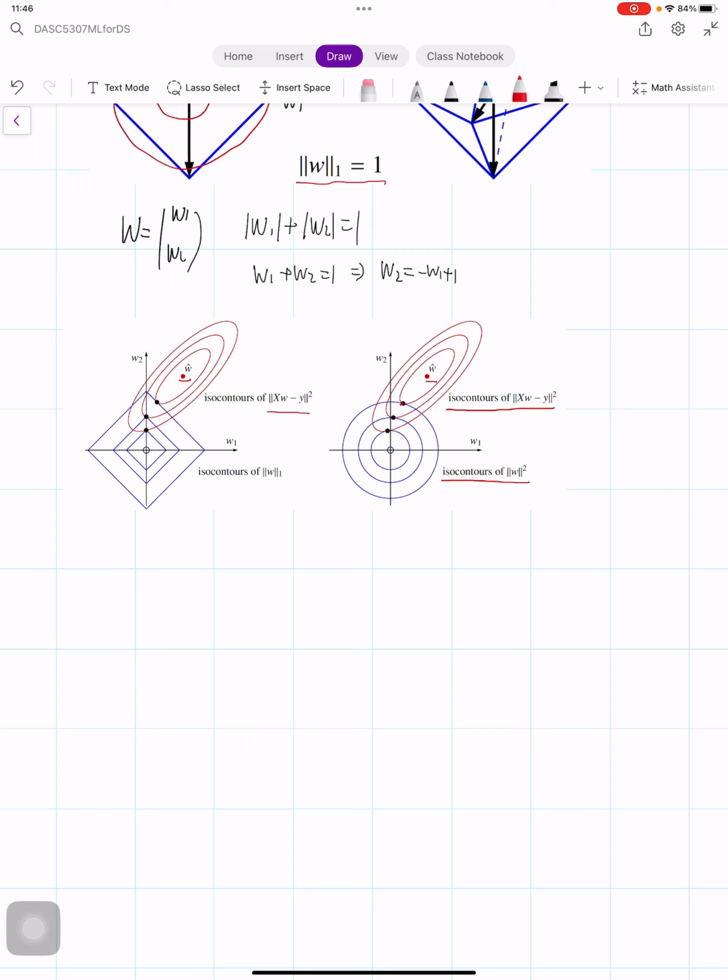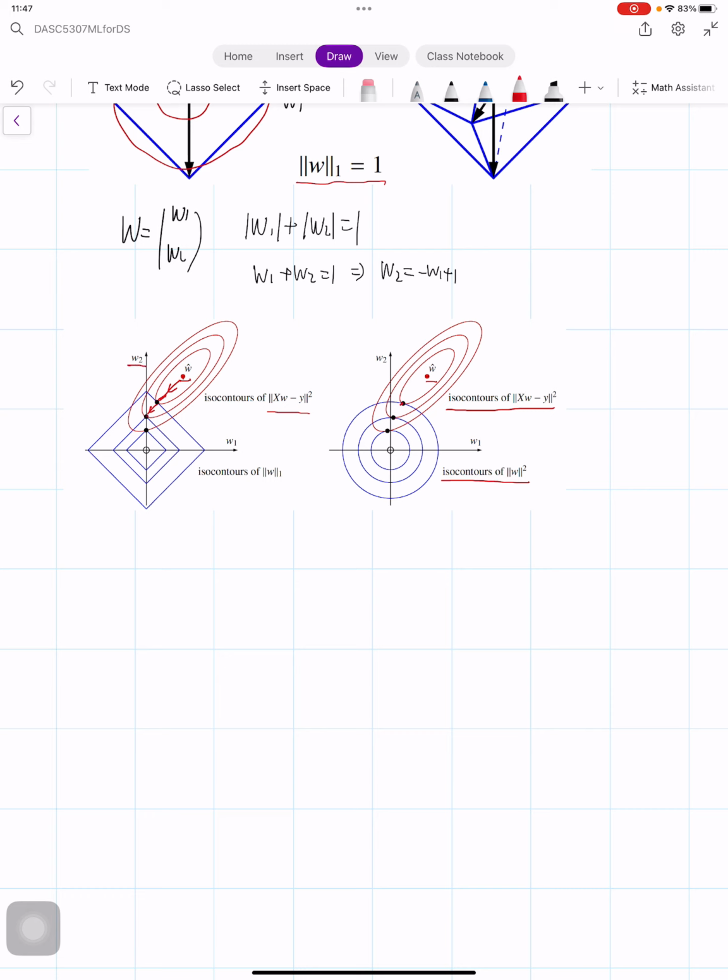If you have a small lambda, you give a small penalization, and the solution is close to the minimizer here. But if you give more penalization, you will drag the solution to the boundaries of these diamonds. As you can see, in a lot of cases lasso regression will drag the solution quickly to some axis, for example the W2 axis.